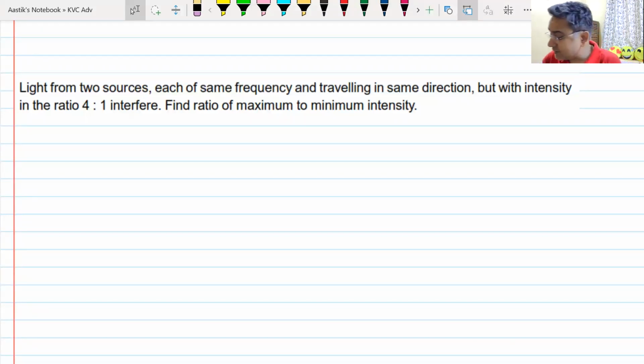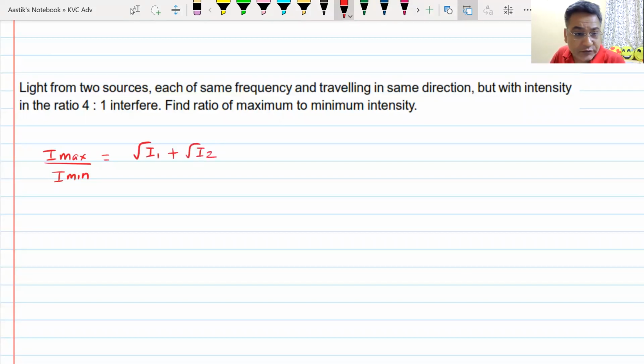Yes, beta, you got the answer? 3:1, sir. I max by I min would be equal to, my dear friends, (under root of I1 plus under root of I2) divided by (under root of I1 minus under root of I2), the whole square. Do you understand this? Yes, sir.